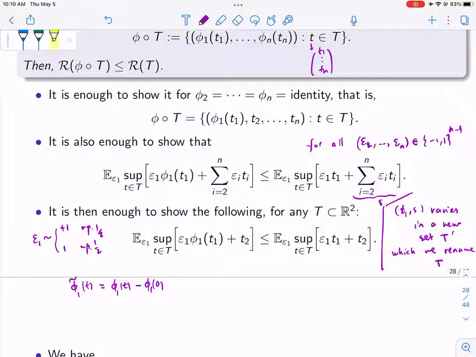I think you're on the right track, but the subtracting might not help. Right, but let's try. What is the basic thing that you can do here?